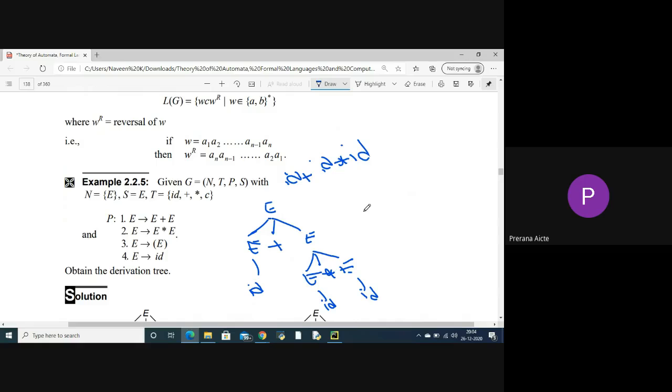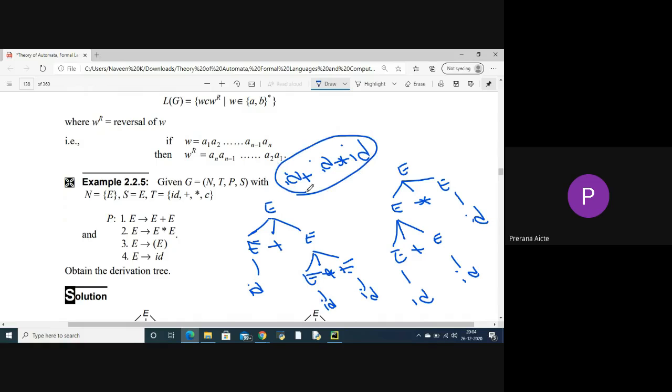Okay. And one more possibility is, if I take the second production, E into E, now this can be replaced by E plus E. So ID, ID, ID.